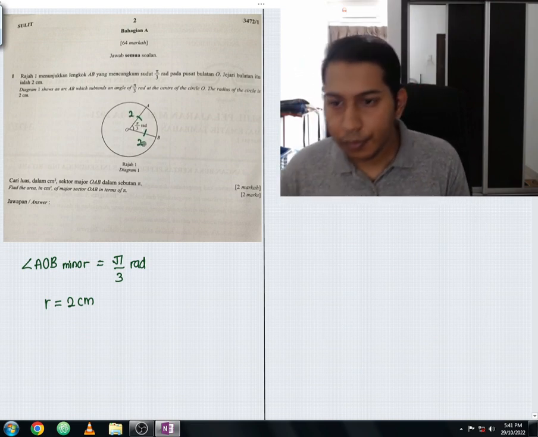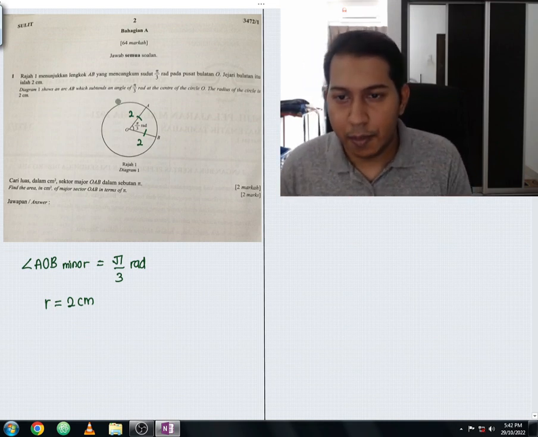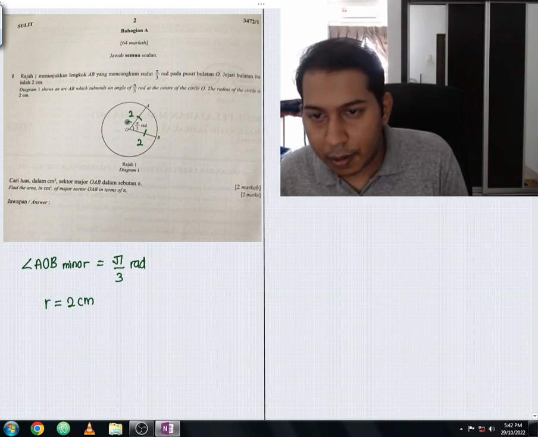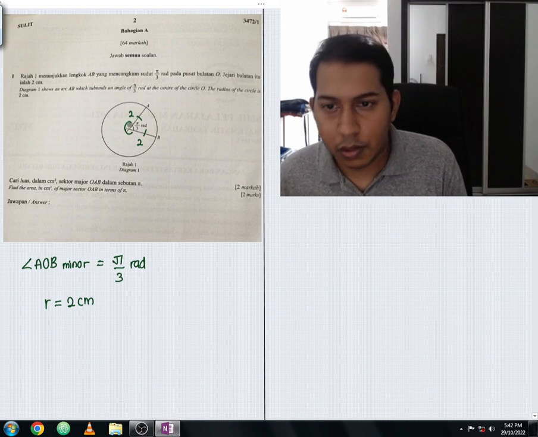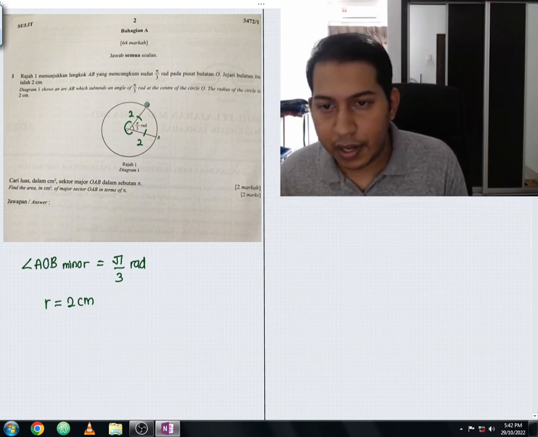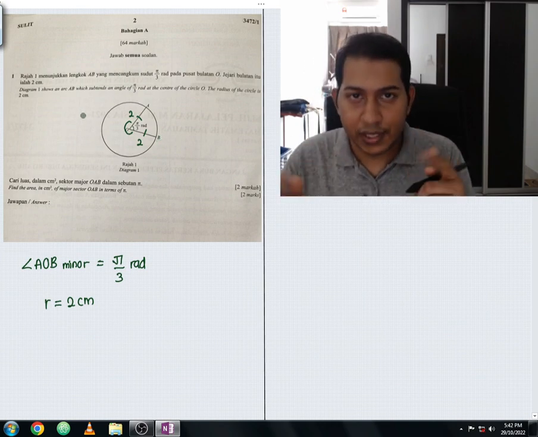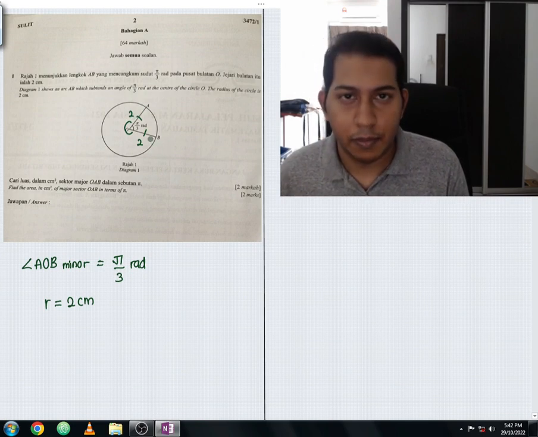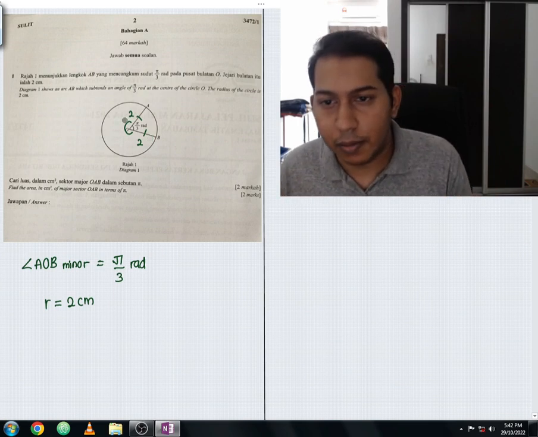Before finding the area of the major sector, we need to know this angle. This angle we don't know yet. Only if we can get this angle can we find the area of the major sector AOB. So our first step is finding the angle of major sector AOB. Now the next question is, how are we going to find this angle?